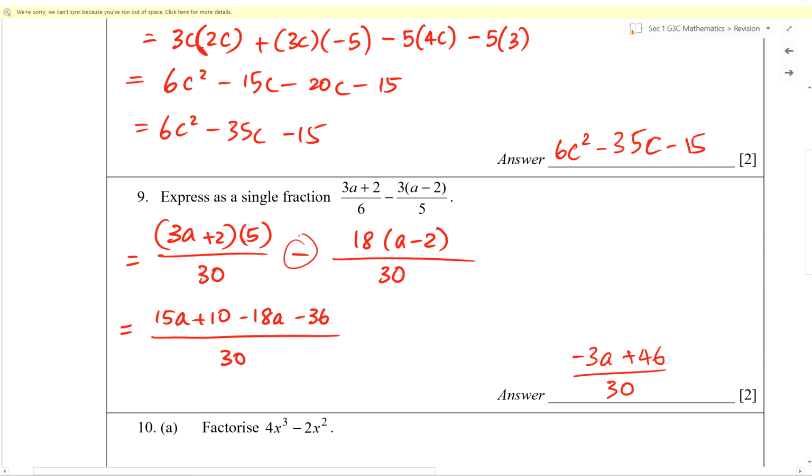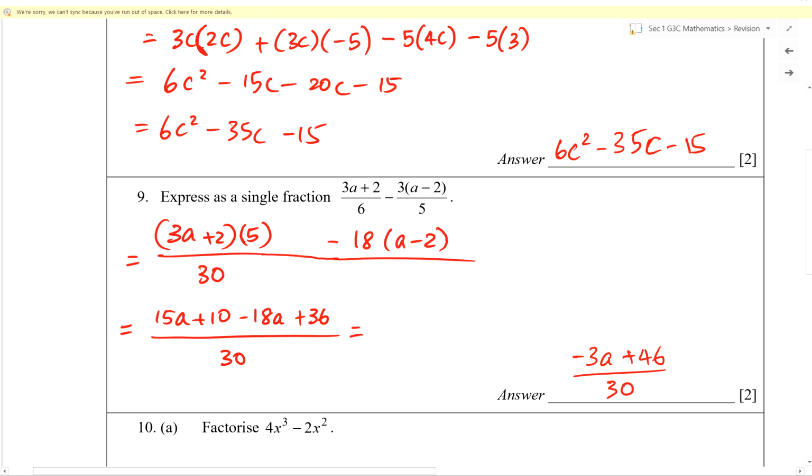It is over here. If you join these two fractions together, it is actually like this, right? Minus 18. Then negative 18 times a, you get negative 18a. Negative 18 times negative 2 gives us positive 36.